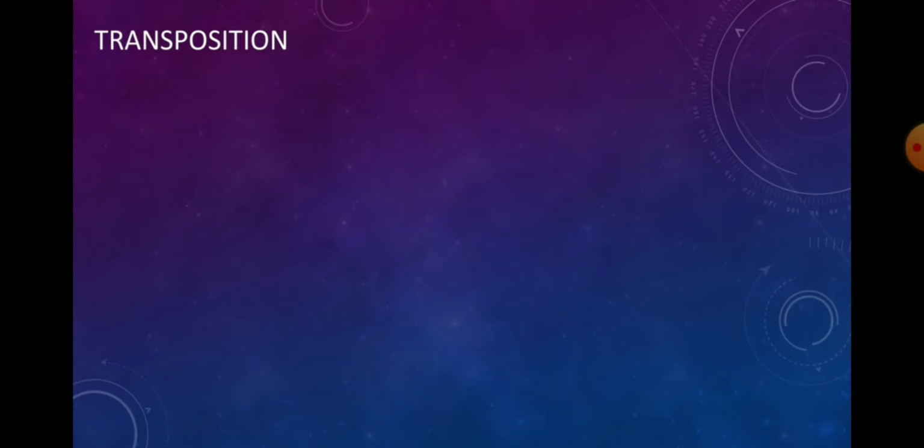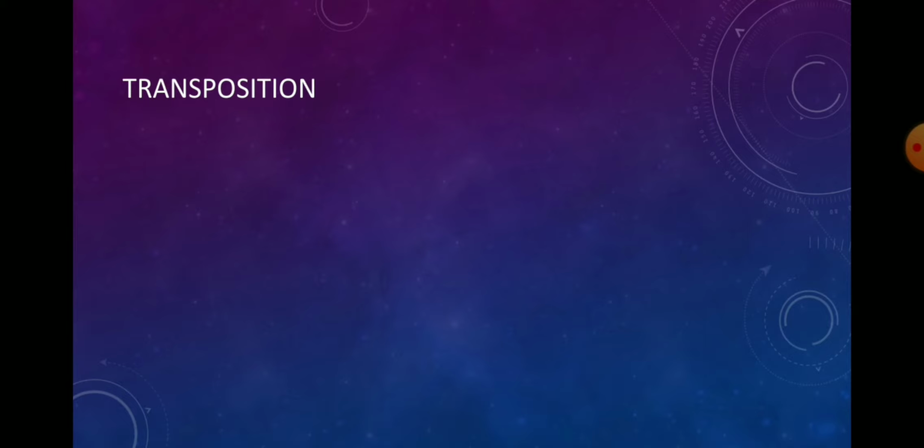Now we are going to talk about transpositions. What is a transposition? A permutation of the form (a b) where a and b are not equal is called a transposition. In simple words, it is nothing but a 2-cycle. Any 2-cycle you have, you can call it a transposition. Now, how many transpositions are there in the group S4?